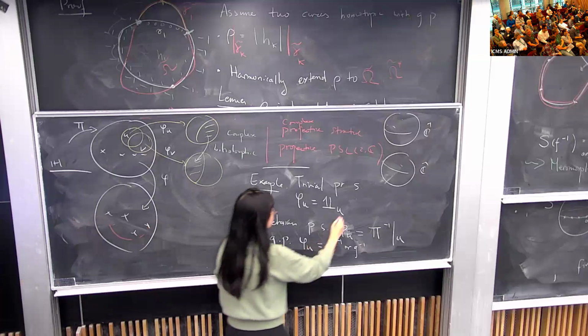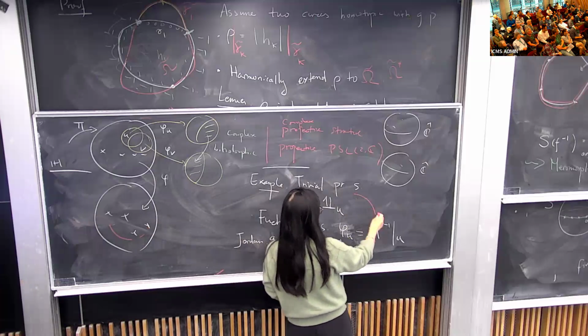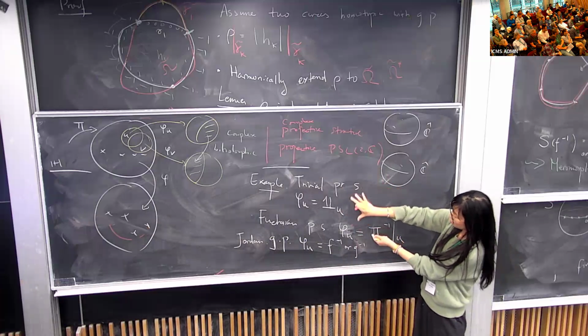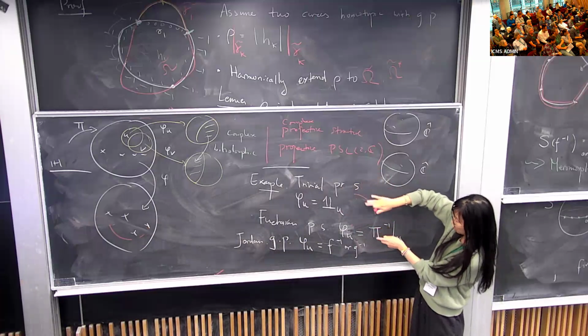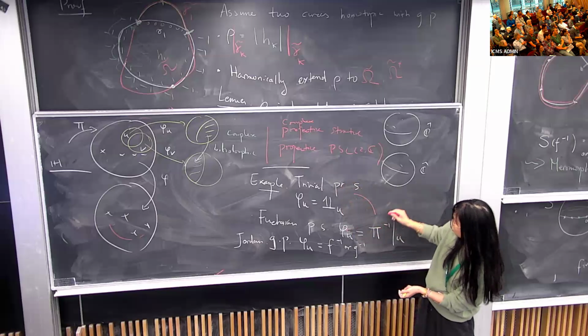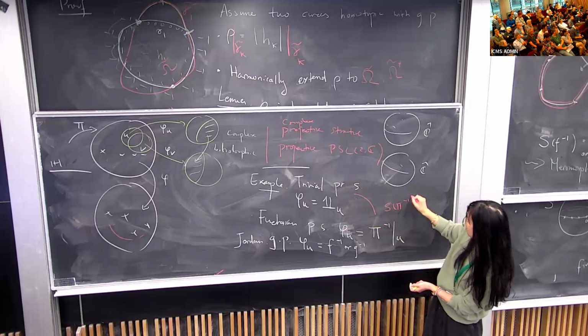The Schwarzian is always a quadratic differential measuring the difference of two projective structures. If you compare the trivial one with the Fuchsian one, you're looking at the Schwarzian of pi inverse.